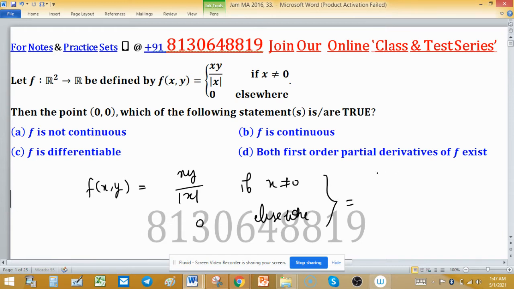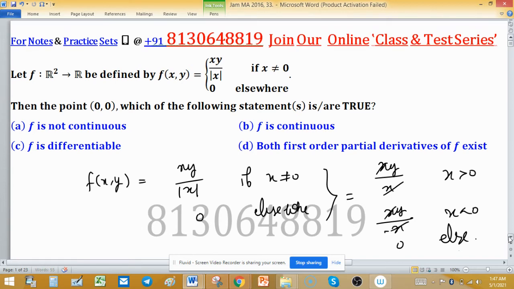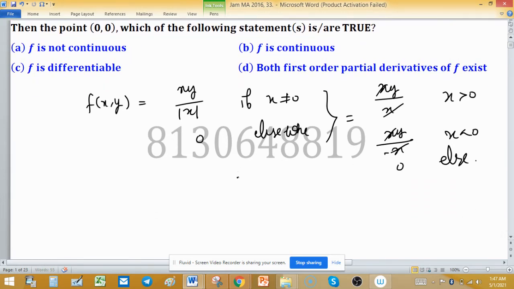This can be written as xy upon x if x is positive and xy upon minus x if x is less than 0, and 0 elsewhere. So x cancels out, and we obtain y when x is positive, minus y when x is less than 0, and 0 elsewhere. So this is our function f(x, y).